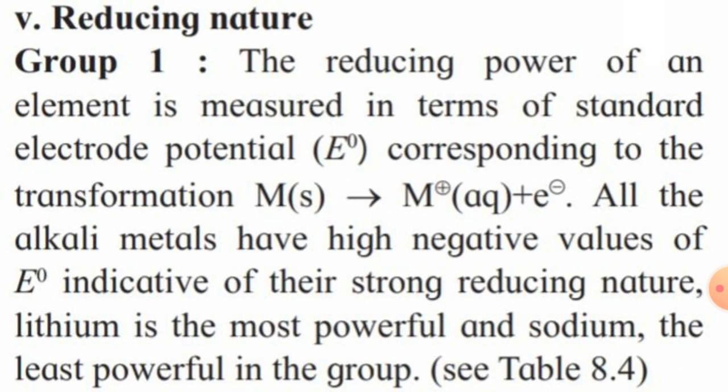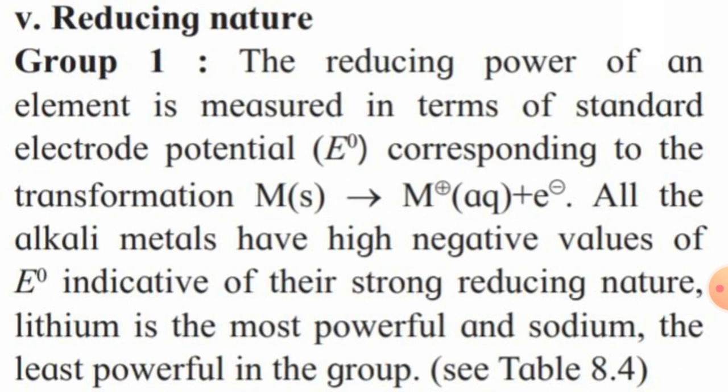So in group 1, lithium is the most powerful and sodium the least powerful reducing element. We have studied table 8.4, in which the values of the reducing power of the elements have been given. Students, remember the reducing power is measured in terms of standard electrode potential.